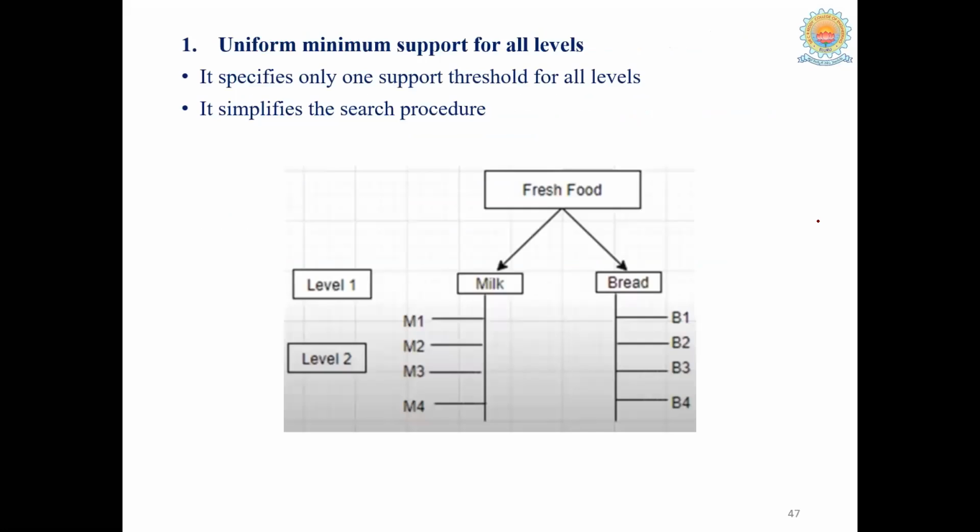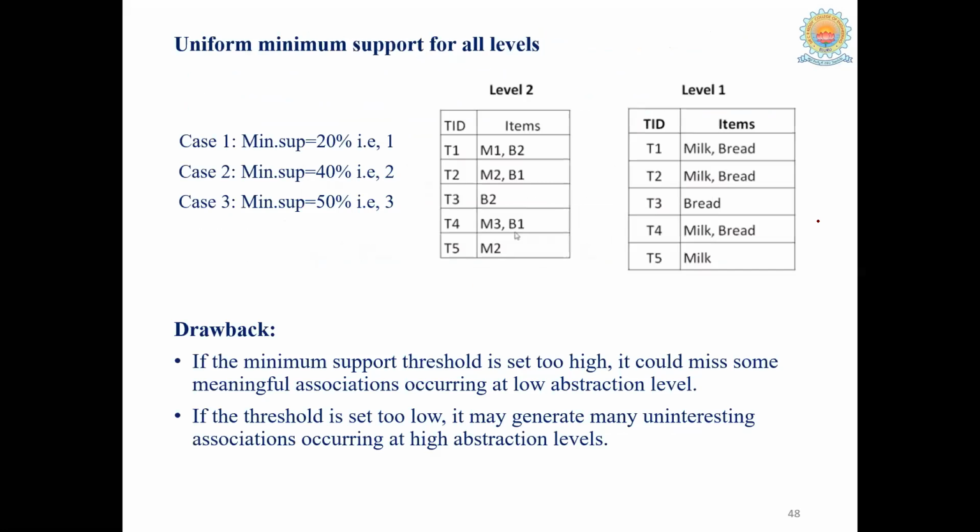For the first case, uniform minimum support for all levels, we give a uniform minimum support for all the levels. The drawback is, if the minimum support threshold is too high, it may miss some meaningful associations occurring at the lower level of abstraction.